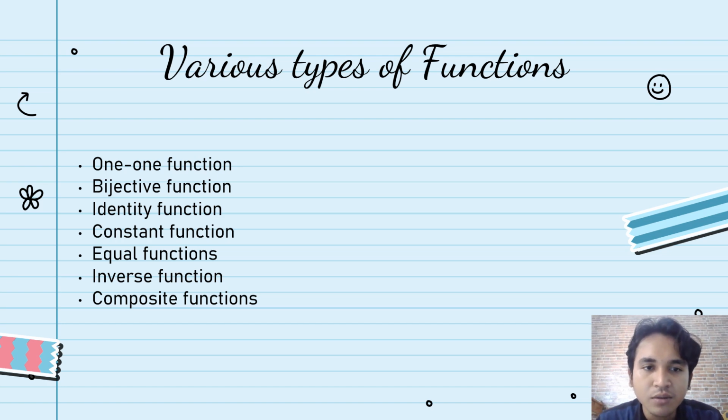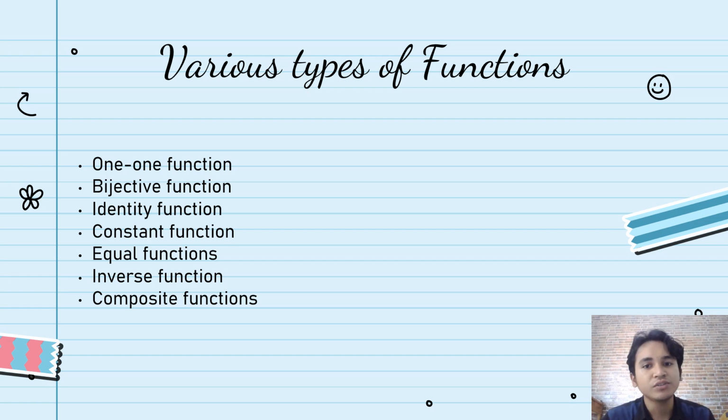Okay, next we have various types of functions. First we have one-to-one functions. A function f from A to B is said to be one-to-one if f(a1) equals f(a2) implies a1 equals a2 for all a1 and a2 elements of A. It is also called injective.